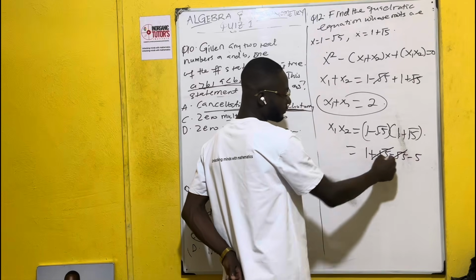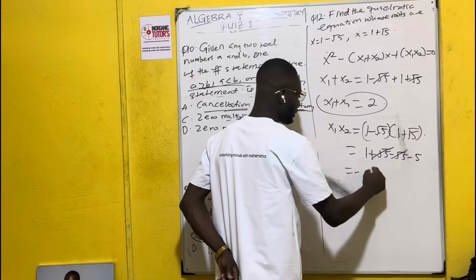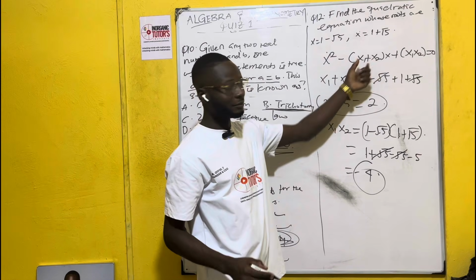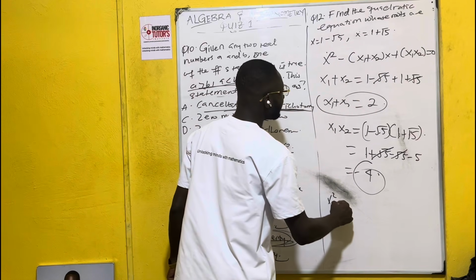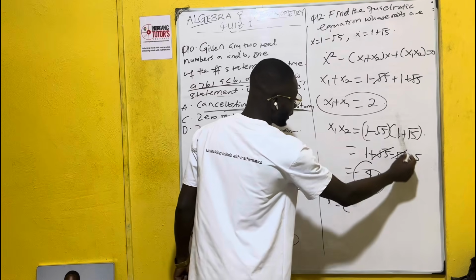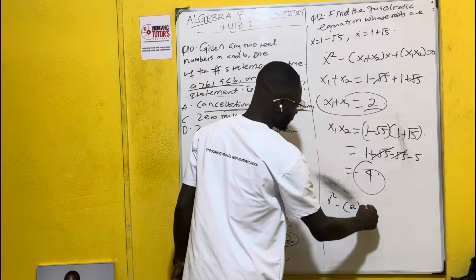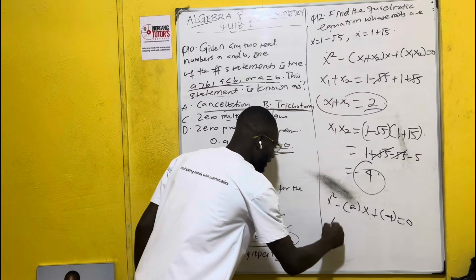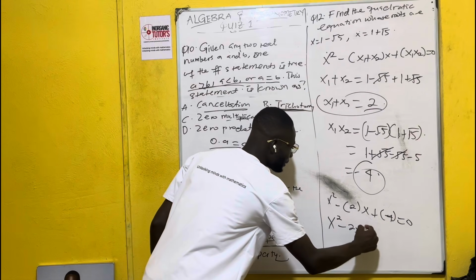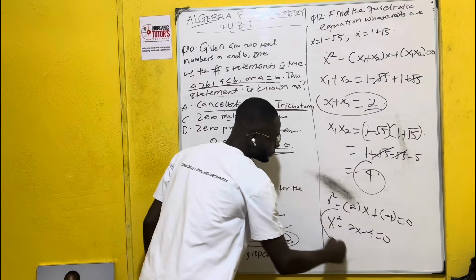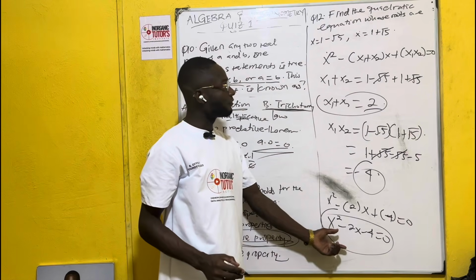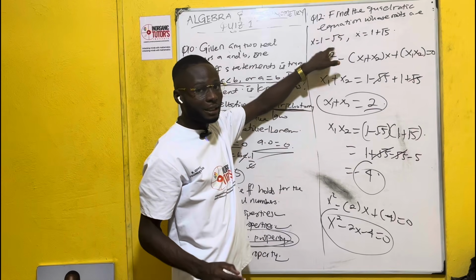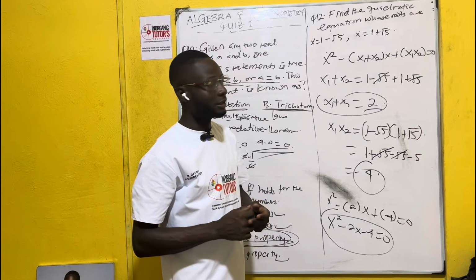So we have minus 4. We substitute those terms into the standard formula. Then we have x squared minus 2 times x plus minus 4 equals 0. So we have x squared minus 2x minus 4 equals 0. This is the quadratic equation whose roots are 1 minus square root of 5 and 1 plus square root of 5.